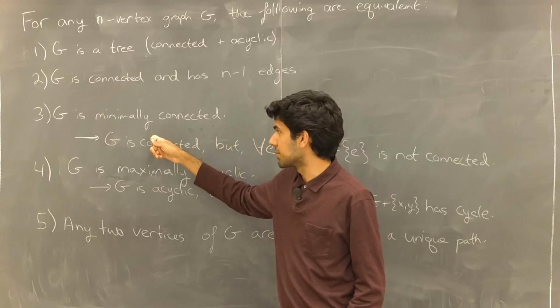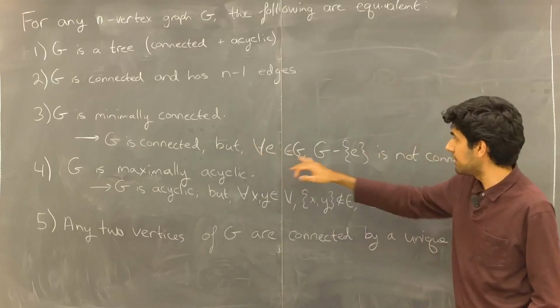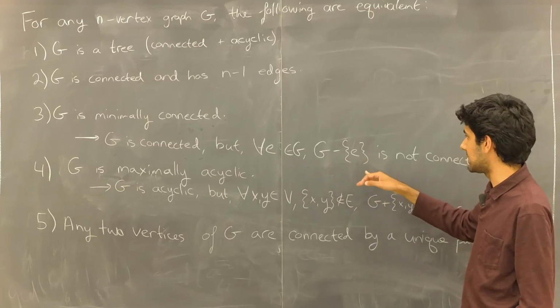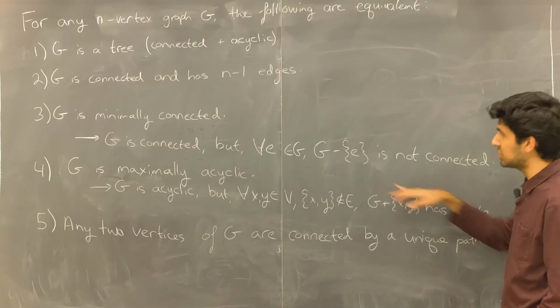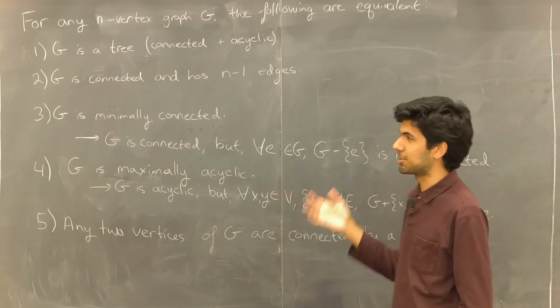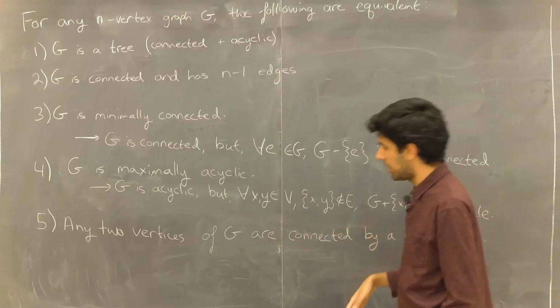Now we describe what minimally means. G is connected. However, for every single edge in our graph, if we were to remove the edge from the graph, G minus e, then that resulting graph is not connected. So that's what we mean by minimally connected: no matter what edge we remove, we're left with a disconnected graph.